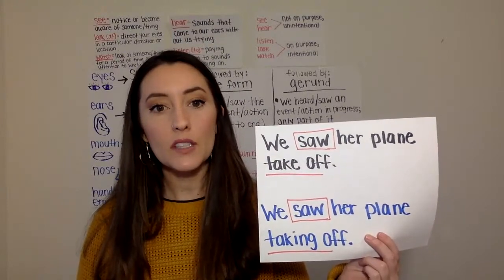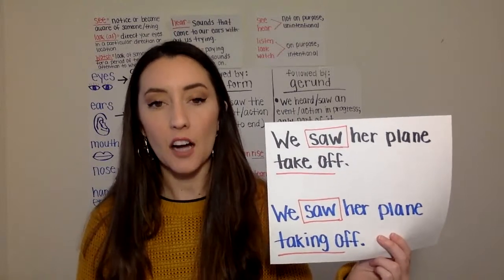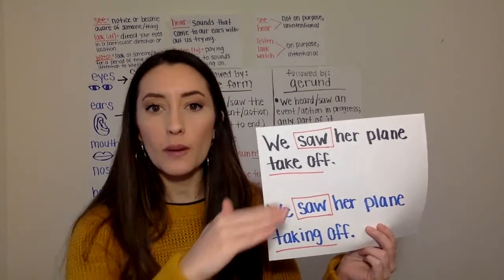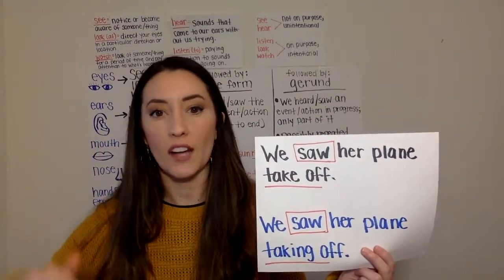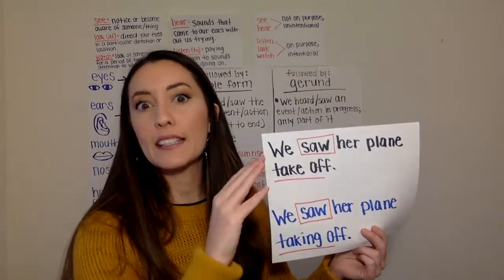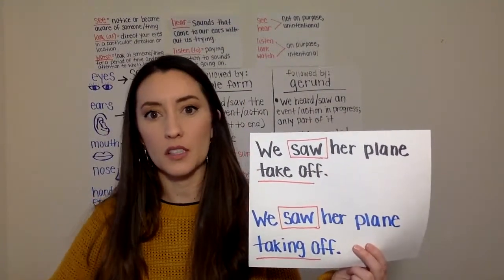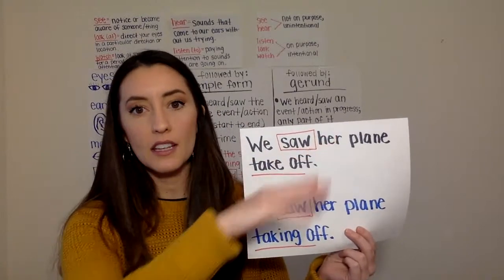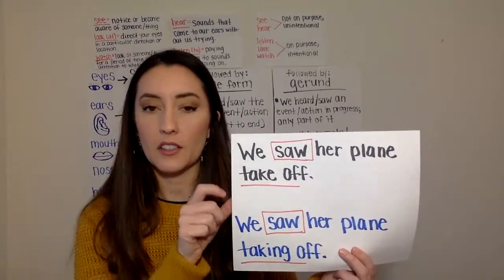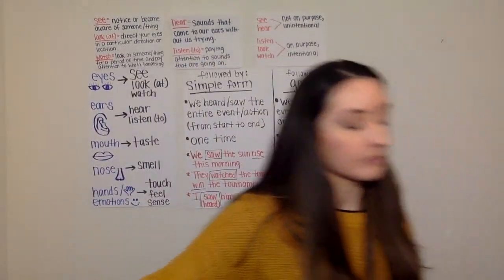However, if I say we saw her plane taking off, we only saw it go into the air and then we left. We didn't want to stay and watch the plane go into the air and disappear into the clouds, okay? We saw her plane taking off just means we saw a part of it, just until it went off the ground and then we left, okay? So that's the difference. Let's look at another example.